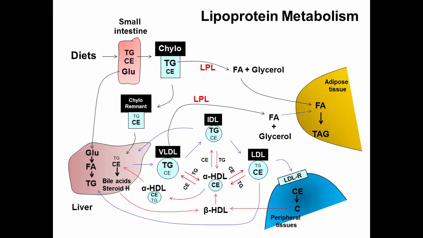When we eat, we absorb lots of lipids, including triglyceride and cholesterol, and we also get glucose from the diet. So chylomicron is synthesized, we all know, in the small intestine, and packs the triglyceride and cholesterol. The function of chylomicron is to transport lipids from the small intestine to the other tissues, right?